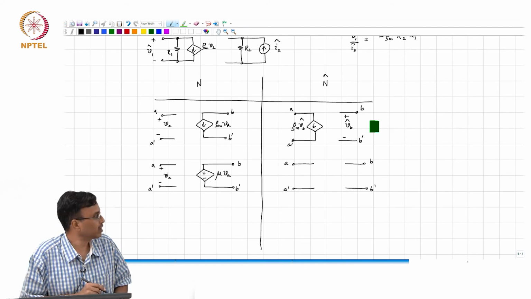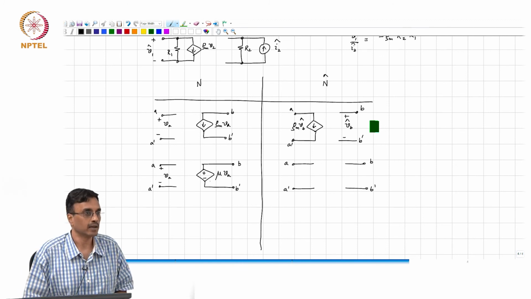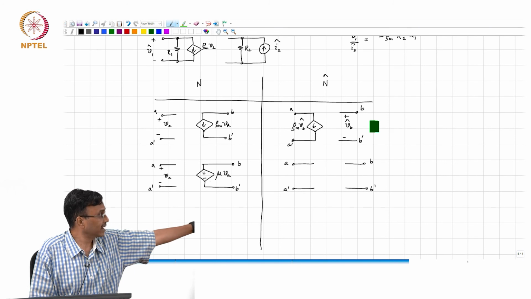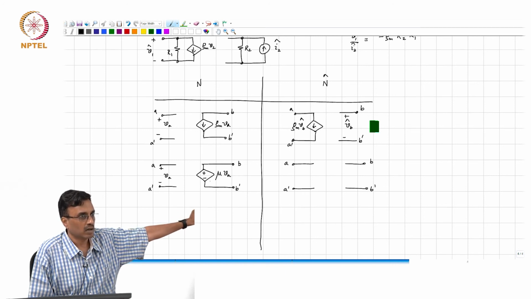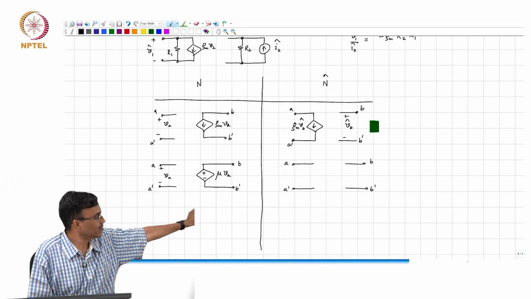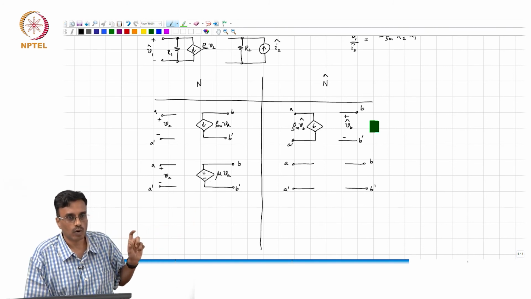So, when mu is set to 0, what happens to VA? Is it an open circuit or a short circuit? On the left hand side, when mu is set to 0, is the port impedance between A and A prime infinite? What about between B and B prime? It is 0, right?